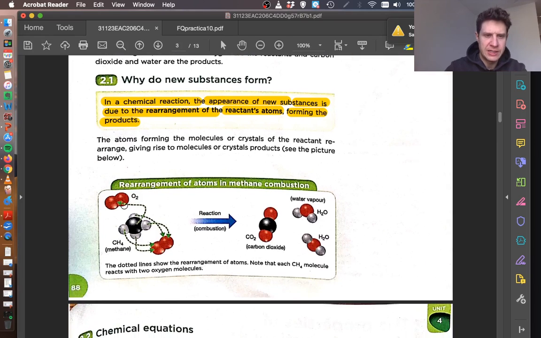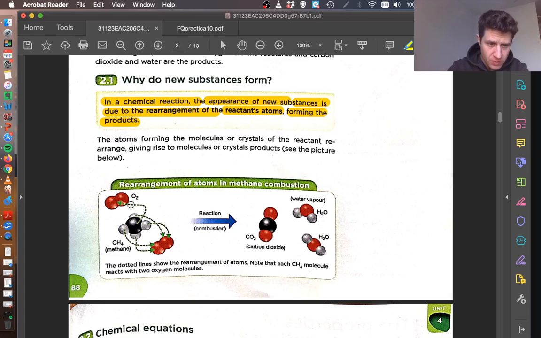This is a very clear example here. We have methane. Methane is 1 atom of carbon in black and 4 atoms of hydrogen.